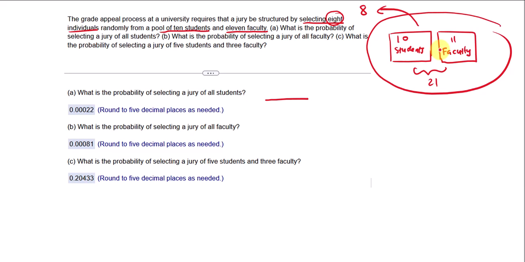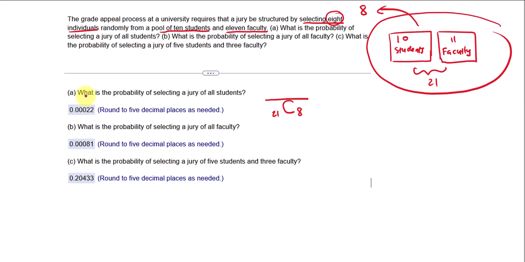Now, the denominator should be all the possible combinations or outcomes from that question. We have a total of 21 people, and I want to get out any 8 of them, right? So combination between 21 and we are choosing 8 of them. So this is the total combination of all the possible outcomes.